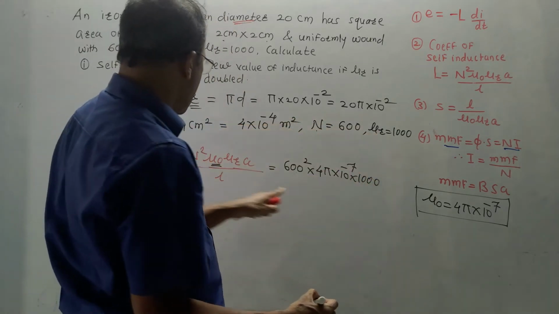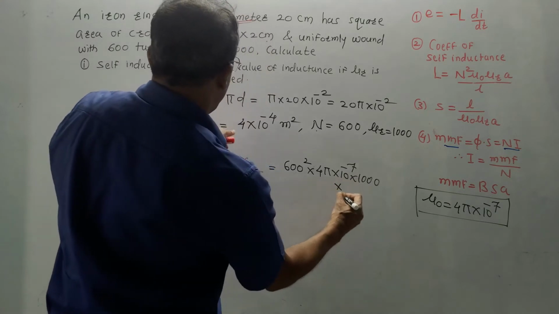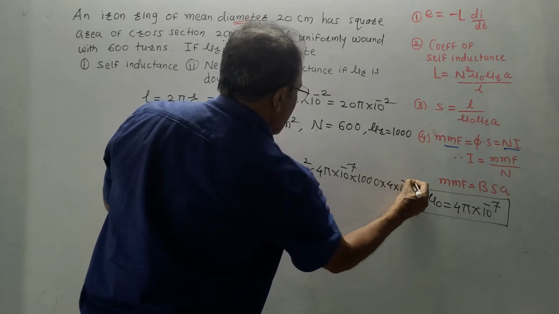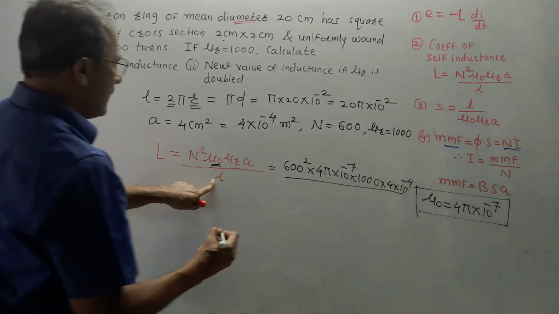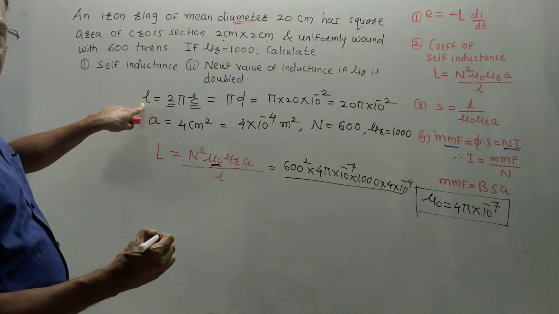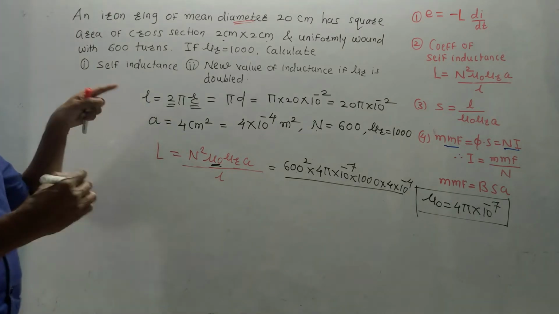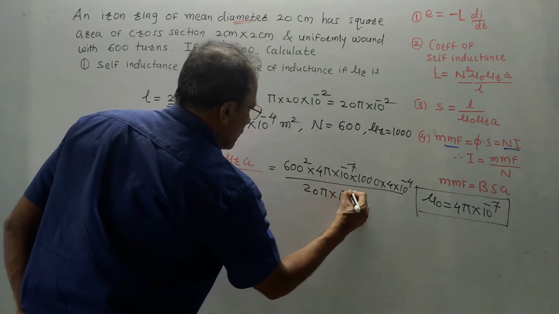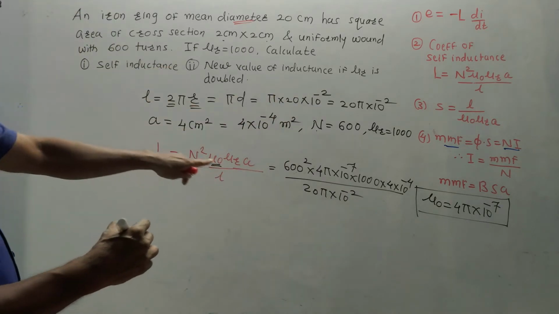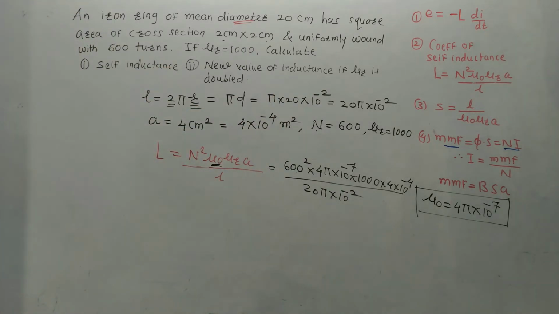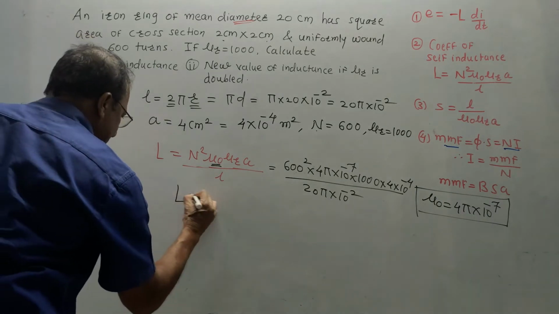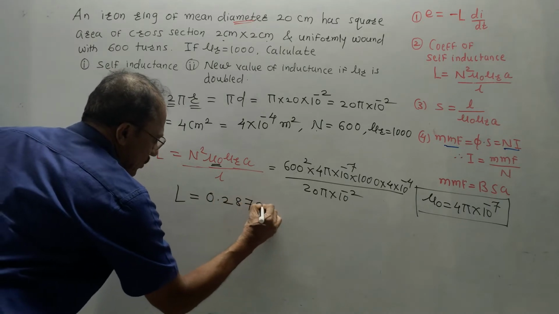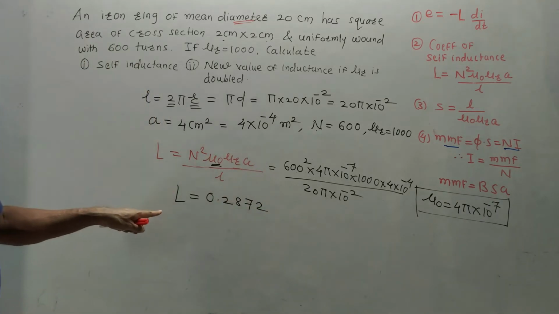It is given in the question, into A, the value of A we have written 4 into 10 raised to minus 4, divided by the value of L. L we have just calculated, L is the length, or in case of a ring, it is called circumference. So it is 20 pi into 10 raised to minus 2. You just have to perform this calculation on the calculator and you will get the answer of L as 0.2872. This is the value of inductance, rather self-inductance.